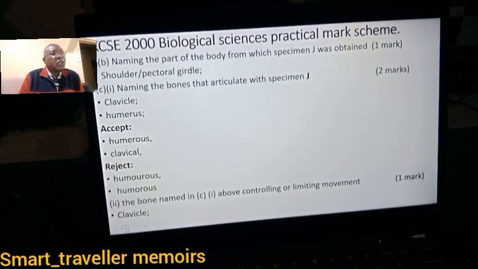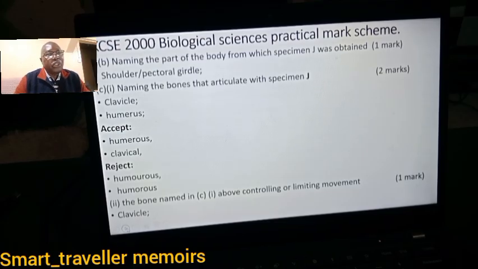2D, drawing and labeling specimen J. First of all, look at what you are expected to do. For accuracy mark, you are supposed to draw the diagram proportionally. That is, there should be proportionality. There should be continuous outline and no shading.